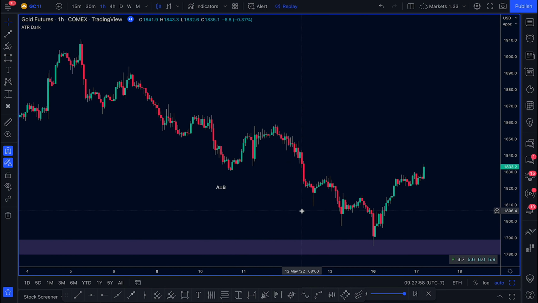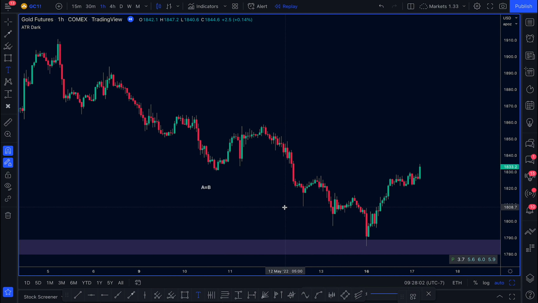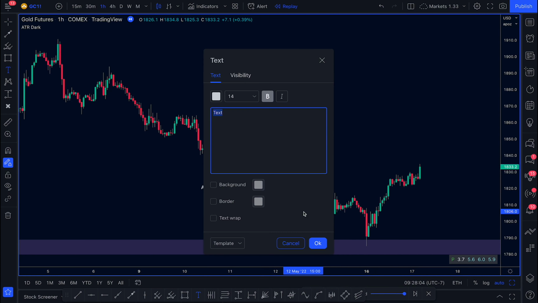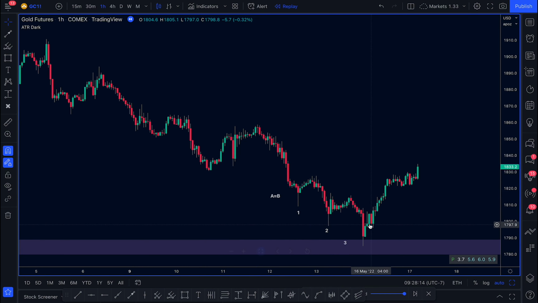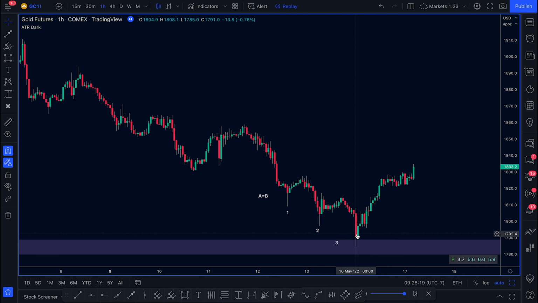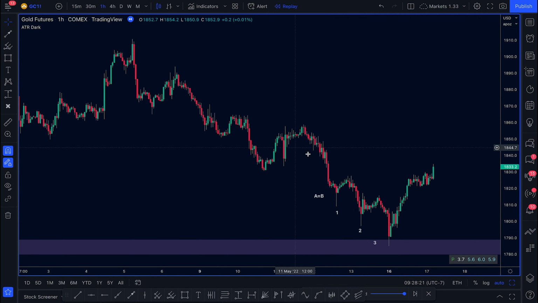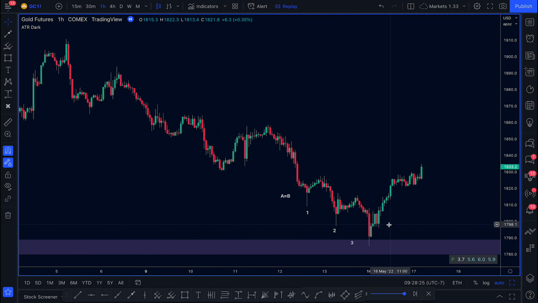Similarly, we also know that sometimes markets like to end in 1, 2, 3 sequences. You'll see them all over the market. So I see a 1, 2, and 3 sequence down. So putting that together, we have an A equals B sequence, we have a 1, 2, 3 ending pattern, and we have what you can consider a selling climax, probably the most massive bar in the down move since the start of this move going into a major level.